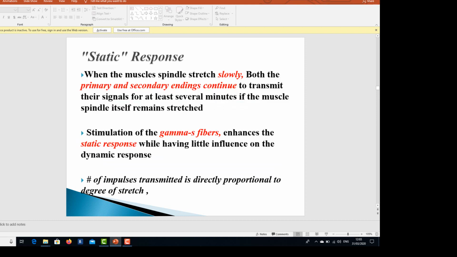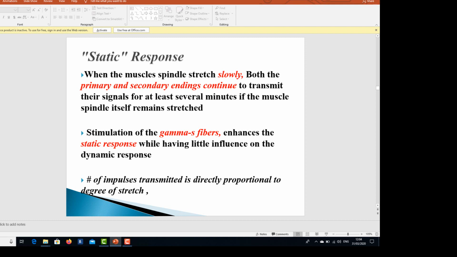Now, when we are learning a lot about muscle spindle, the efferent supply, the afferent supply, we should be knowing about this term, static response. When the muscle spindle is stretched slowly, both the primary and secondary endings continue to transmit their signals for at least several minutes if the muscle spindle itself remains stretched.